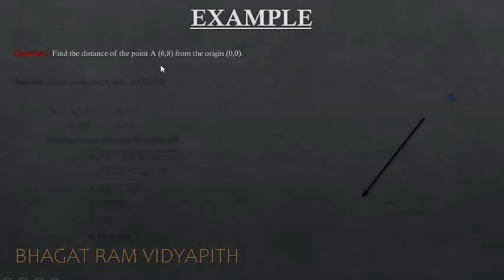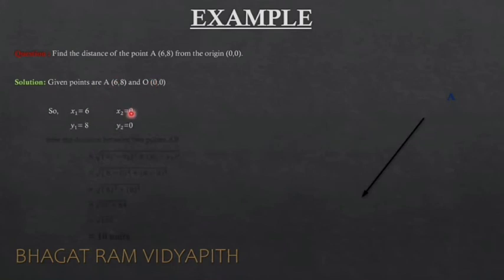Find the distance of the point A (6, 8) from the origin (0, 0). Naturally, first we will gather the data. A is (6, 8) and the second point is simply O, (0, 0). Naturally, x1 is 6, x2 is 0, y1 is 8, y2 is 0.